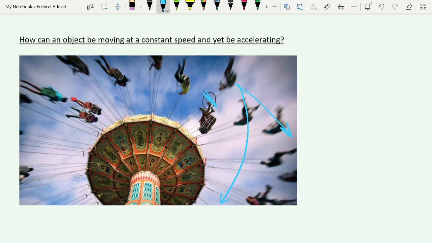Because they are moving around in a circle, their direction is continuously changing, so we know that they're accelerating. Remember, resultant forces cause acceleration. If they're accelerating, there has to be a resultant force. And the direction of their acceleration is towards the center of that circle, which means that the resultant force has got to be towards the center of that circle as well.